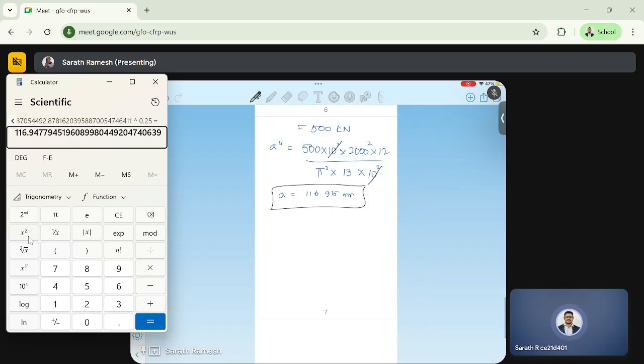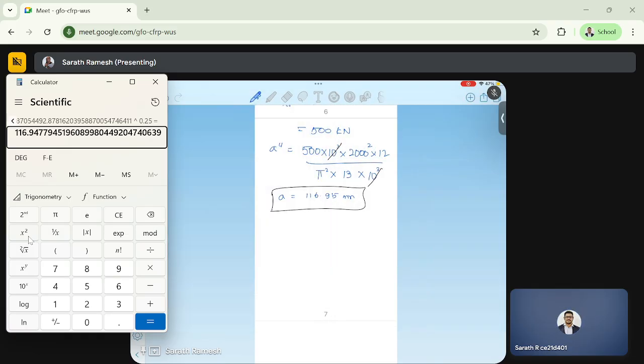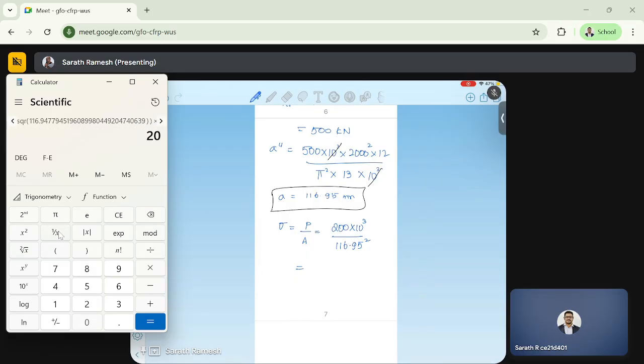Okay, now let's find the sigma. Sigma equal to P by A, which is 200 into 10 power 3 by 116.95 square, which is 14.62 megapascal.